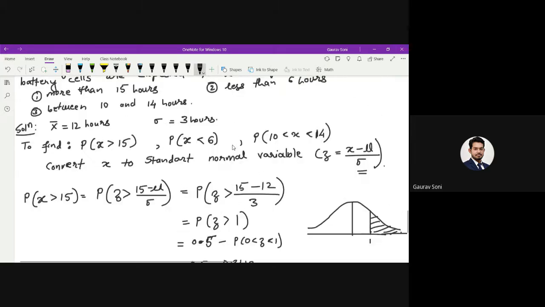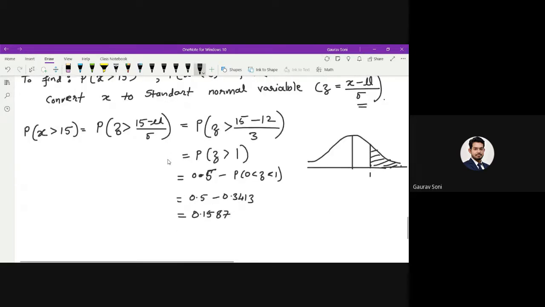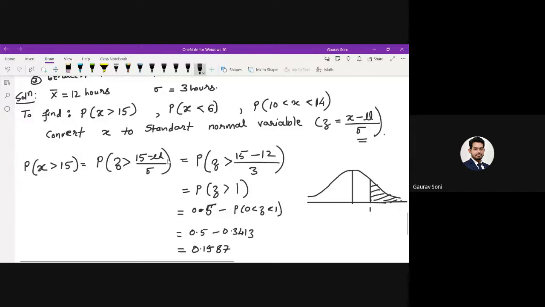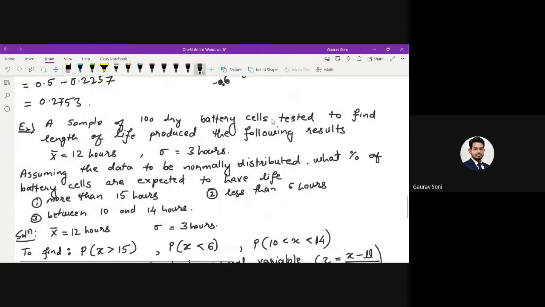So what percentage of the battery cells are expected to last more than 15 hours? There are 100 battery cells.